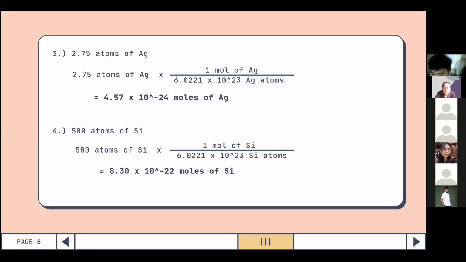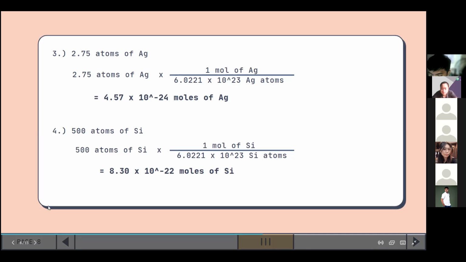Next is number 4. The given is 500 atoms of silicon. It is multiplied by 1 mole of silicon over the Avogadro's number 6.0221 times 10 to the power of 23 silicon atoms, and it is equal to 8.30 times 10 to the power of negative 22 moles of silicon.